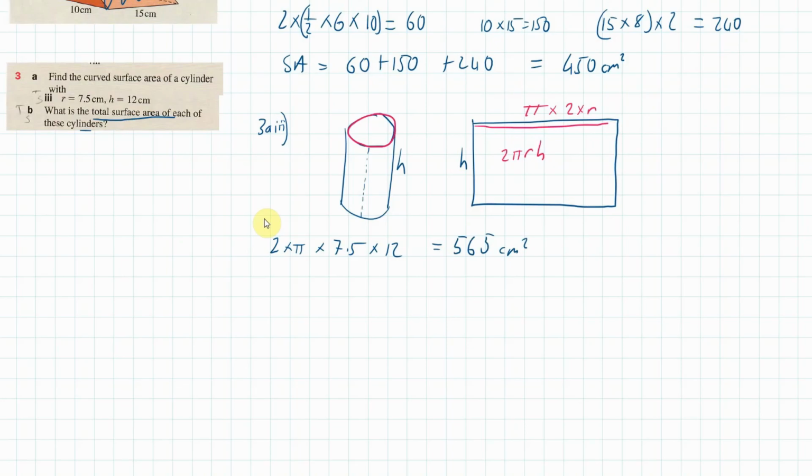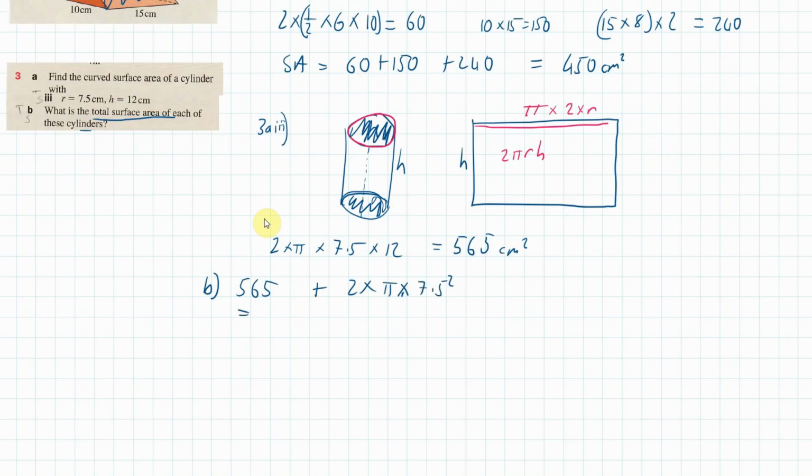Now, in a normal cylinder, like a toilet roll is an open cylinder, but we've also got to add on the circle at the top, and of course there's a circle at the bottom. So for part B, we're going to go 565 plus 2 times pi r squared. Now r in this case is 7.5.